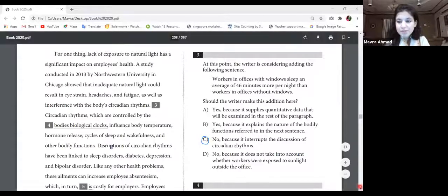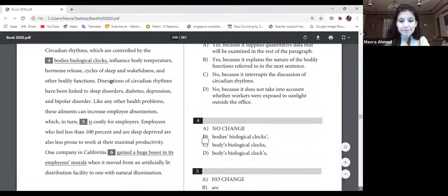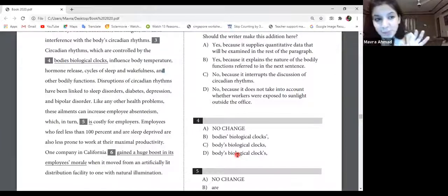All right, so number 4 is no change, body's biological clocks, or body's biological clocks. B option has an apostrophe on top of S. We need to make sure कि हमारे पास बॉडीज बायोलॉजिकल क्लॉक्स बिल्कुल सही फॉर्म में लिखा हुआ हो, पोजेशन सही से शो हुई भी हो, अपॉस्ट्रोफी सही से शो हुए में हो, सब्जेक्ट जो है इट्स बॉडीज, राइट?